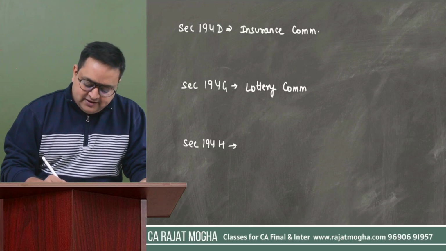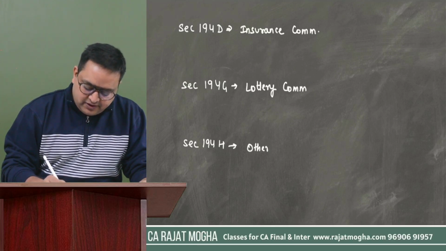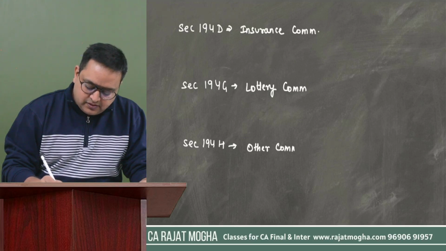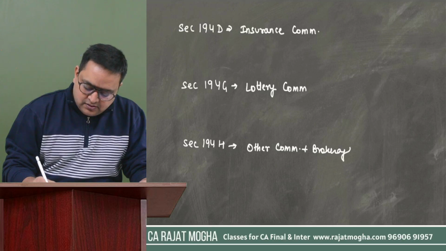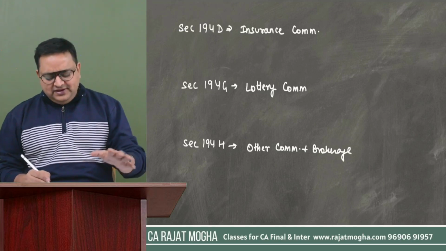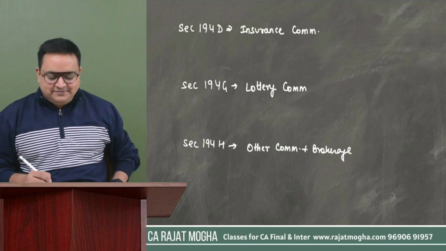And 194H is other commission and brokerage. All these three sections are quite similar.